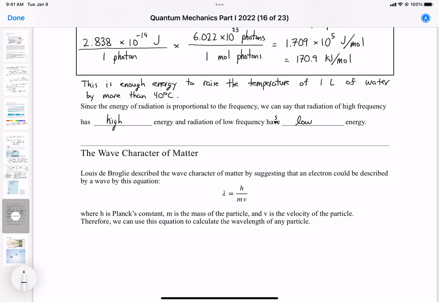So it makes sense that larger particles or larger objects behave more like particles than waves.